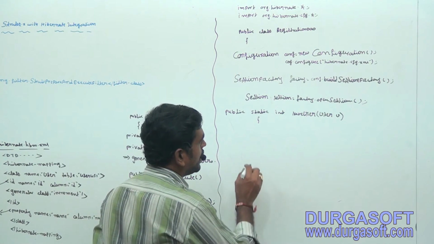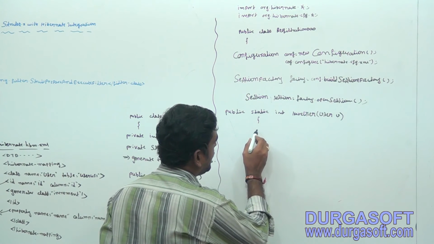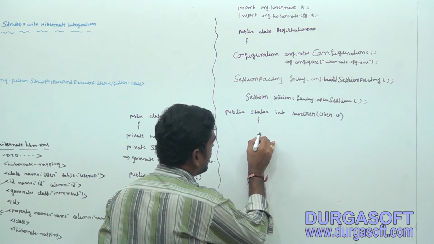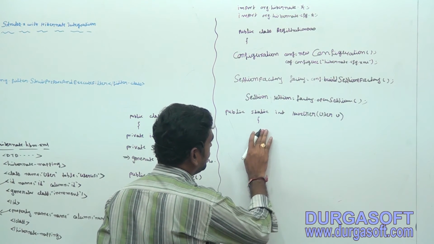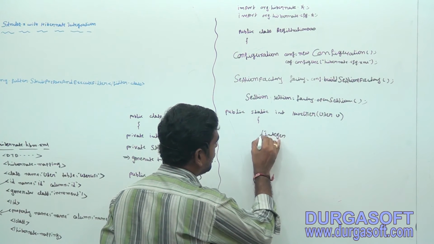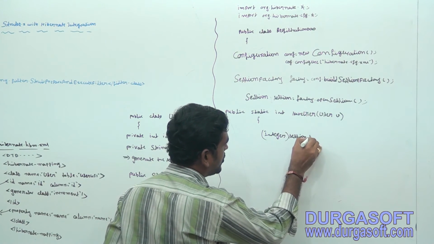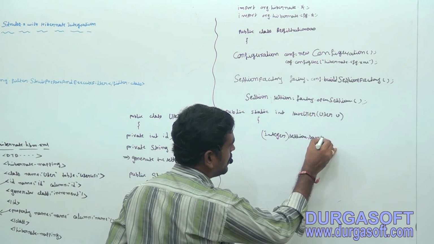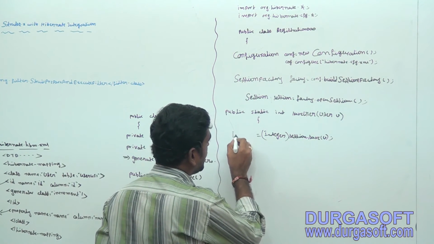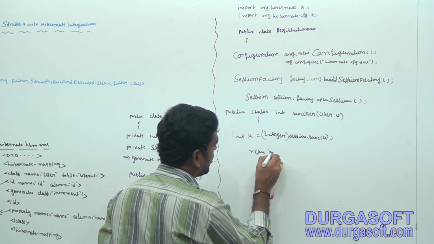After that, session dot save. Now here we can typecast to Integer: Integer k is equal to session dot save of v. Then this is going to return what? Integer. Now return k.